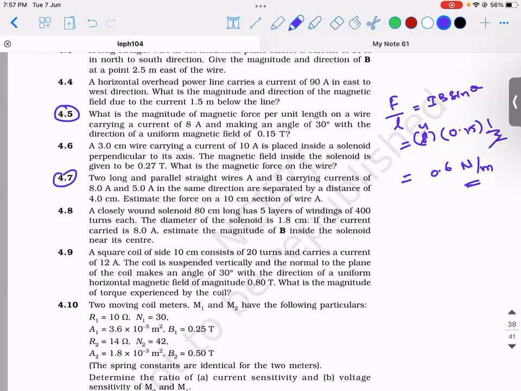Do 4.7. Two long and parallel straight wires A and B carrying currents of 8 ampere and 5 ampere are in the same direction and are separated by a distance of 4 centimeter.